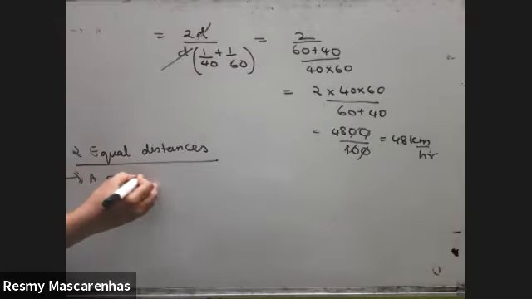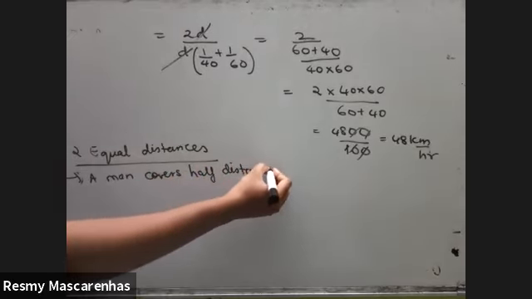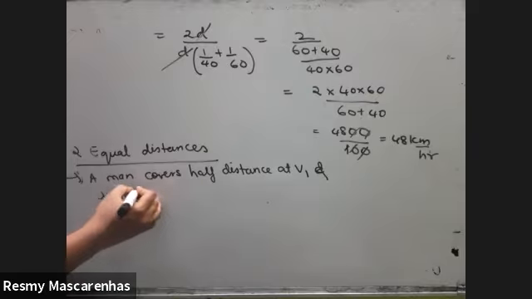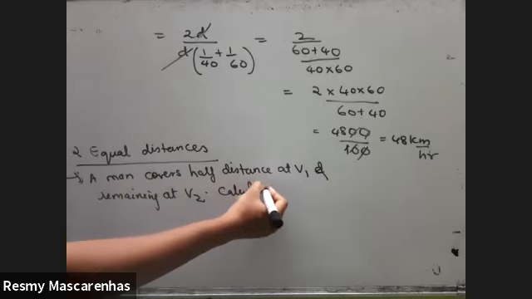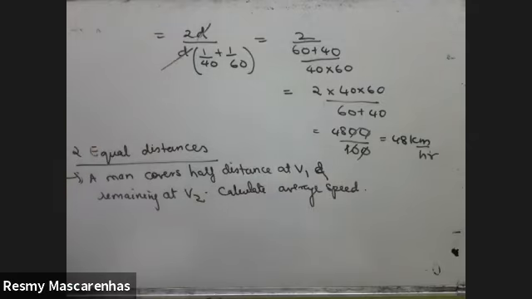A man covers half distance at v1 and the remaining at v2. Calculate average speed. So whenever you come across words like this, a man covers half distance, half means the total half part. So it's like the total distance is covered in two equal parts.